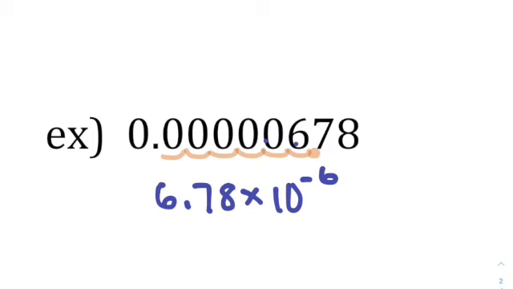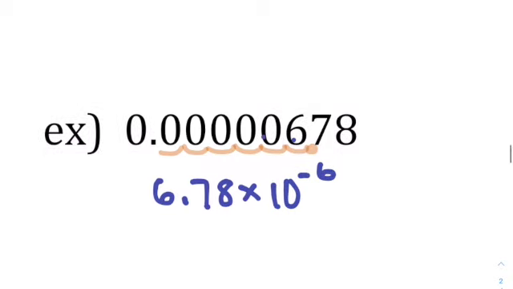Well, it's because my decimal is right here, and to move it into the proper form, the decimal is going to end up right here. So from here, I'm going to do 1, 2, 3, 4, 5, 6, and that's where my 6 comes from. The new form with the decimal is going to be 6.78, and that will be your answer.